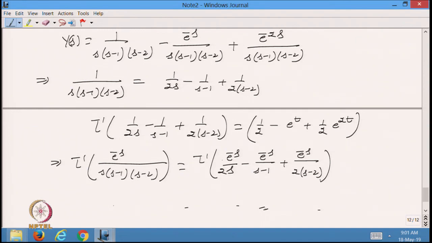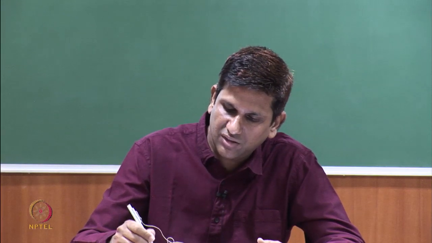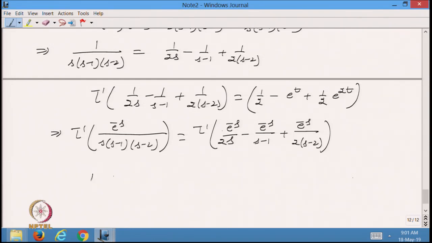And from here you can see that I have a function of s that is being multiplied by e raised to power minus s. So, if you remember, this form leads to the use of the unit step function somewhere. So, from here, if I want to take the inverse of the Laplace transformation, the Laplace inverse of e raised to power minus s over 2s will be half u t minus 1.